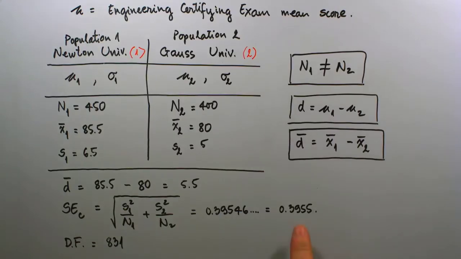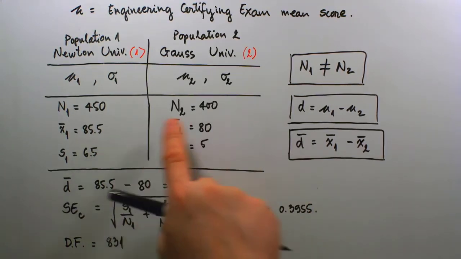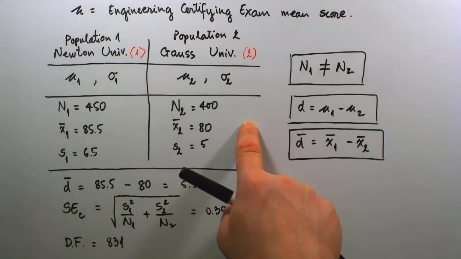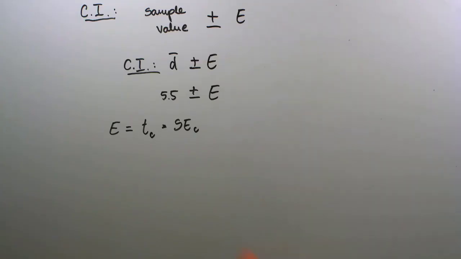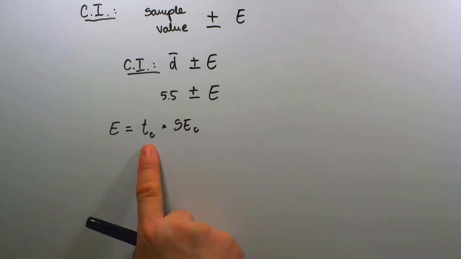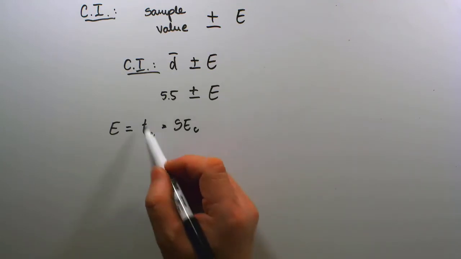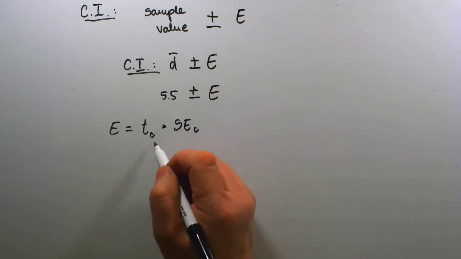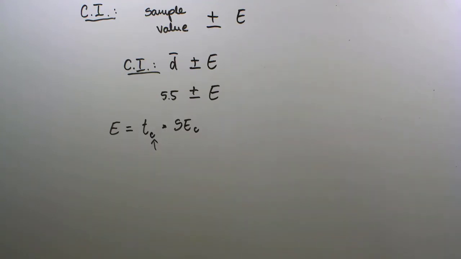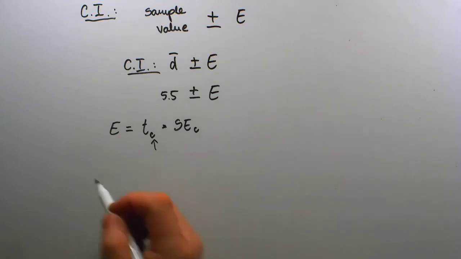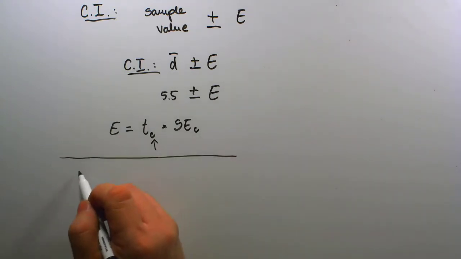Once again, we have already found our SEC for the two samples right after we sketched down the given information, before we got into any of the questions. So now it breaks down to only worrying about finding this T sub c value. Recall from our past understanding when we were finding the confidence interval that T sub c is the t-score related to the confidence interval, and that's what the subscript c is all about. So let's now spend some time finding T sub c.